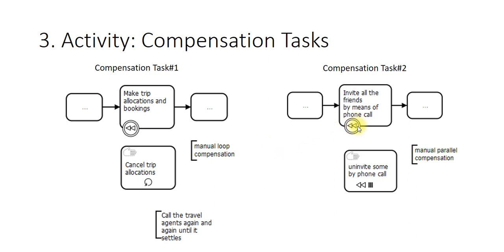Another example of a compensation task is inviting all friends by means of a phone call, which, if it goes on well, means a lot of friends will come because they are invited to the party.